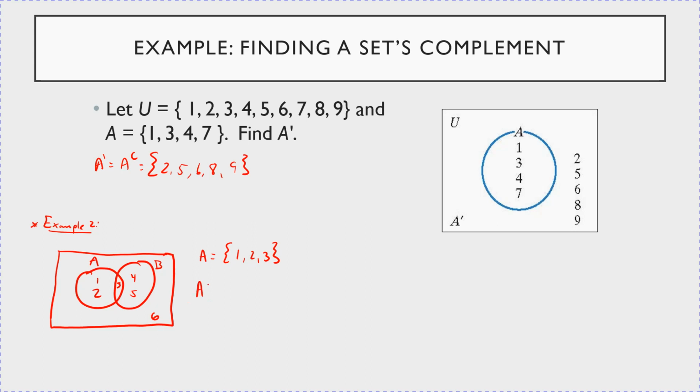So what is A complement here? Well, it's everything that's left over. 1, 2, 3 is in A, so what's left over? 4, 5, and 6. You can also do it this way. What is set B? Set B is the numbers 3, 4, 5.